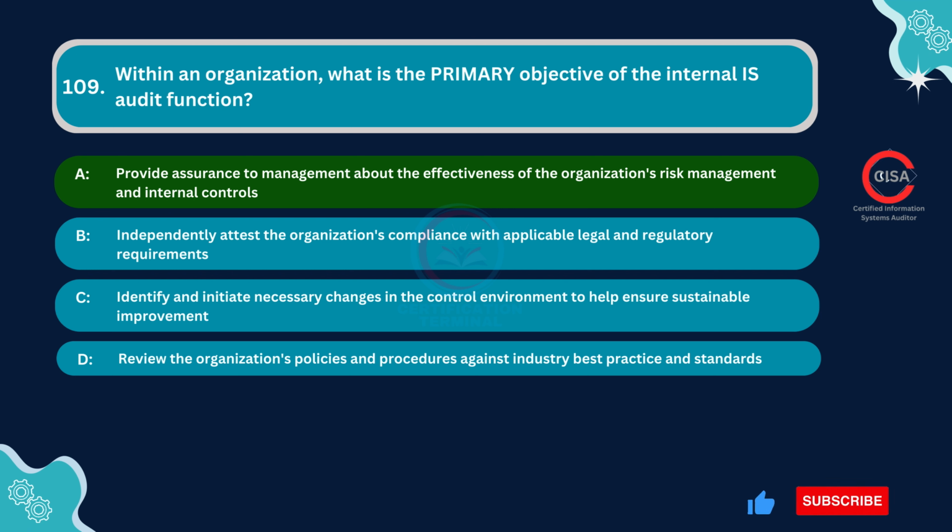This independent perspective helps ensure management receives unbiased feedback on the organization's control environment. The internal IS audit function plays a critical role in providing independent assurance to management about the effectiveness of risk management and internal controls. This independent assessment helps organizations identify weaknesses, manage risks effectively, and improve their overall control environment.